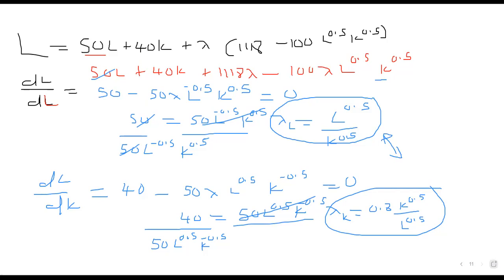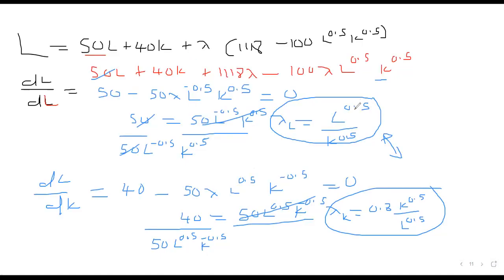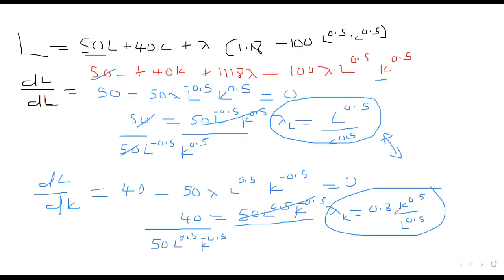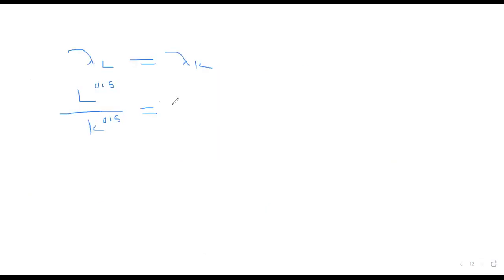So lambda for L and lambda for K. L^0.5 over K^0.5, then here 0.8, K^0.5 over L^0.5.